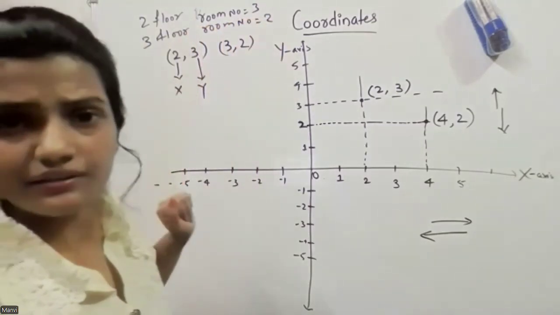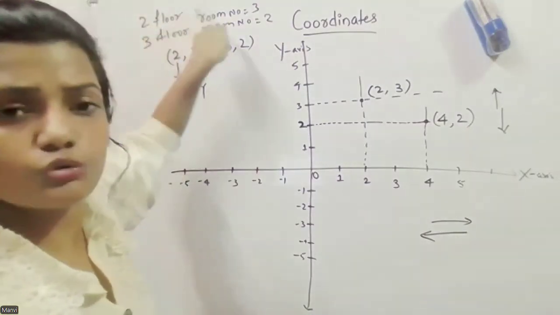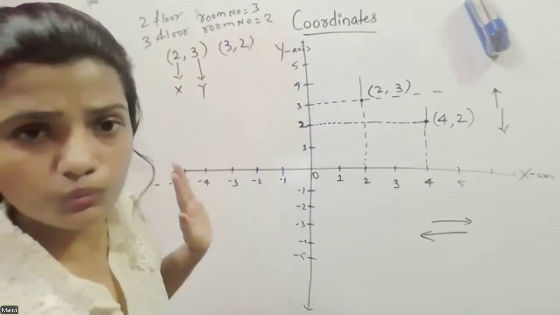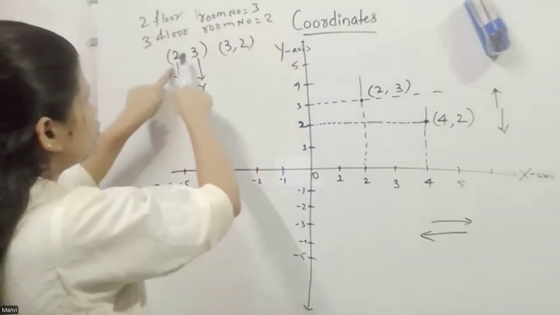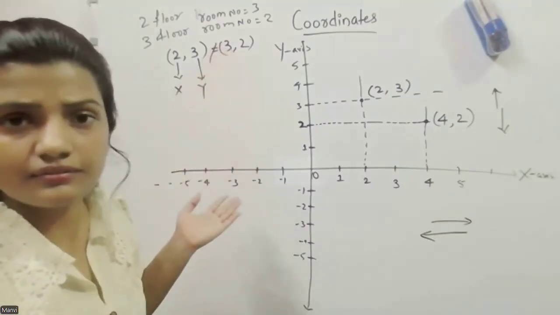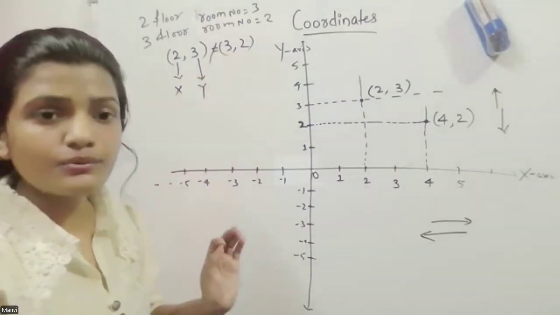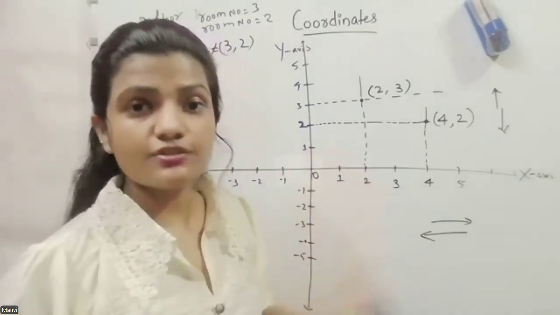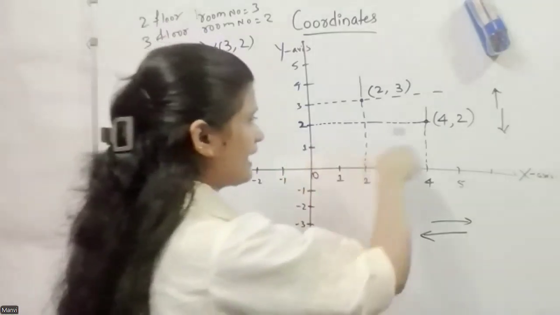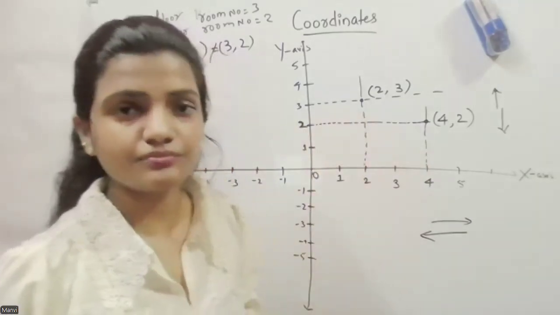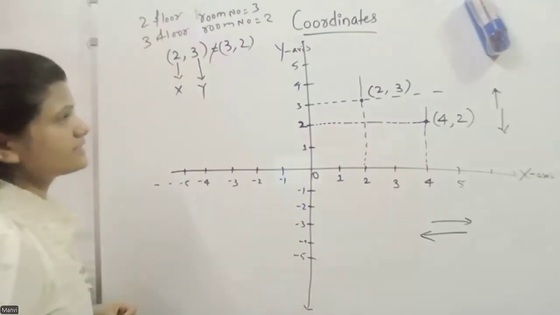Both are different, right? Similarly, (2, 3) is not the same as (3, 2). Whenever they ask us to locate a point, first we need to give the value of x, then the value of y. Otherwise you make mistakes.